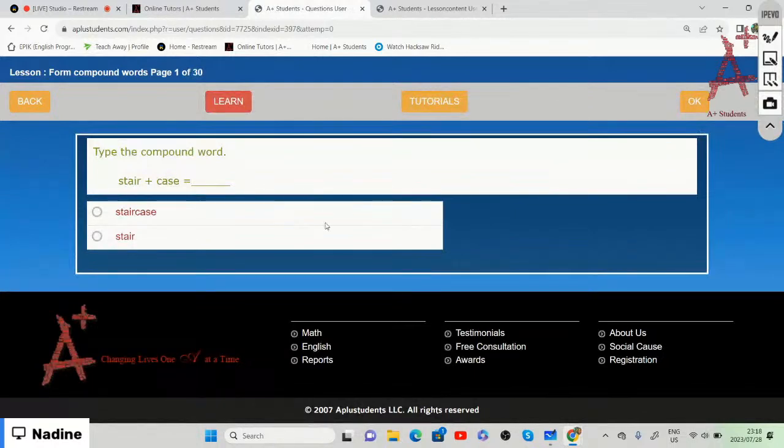All right, so stay plus case. The two words that are given are stay plus case. Is it staircase or is it stairs? We need to choose the correct compound word. Stay plus case, is it staircase or is it just stay?